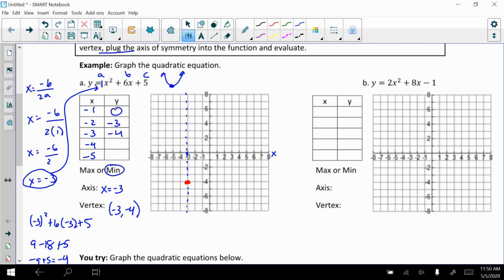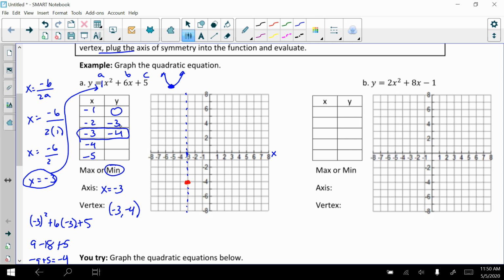Okay. So now, before you go and do these other 2 points, let's think again about a parabola. This point right here is the vertex. That's the middle point. On either side of the vertex, the parabola is exactly the same. It's symmetric. So the y-coordinates on this side of the vertex are actually going to be exactly the same on this side of the vertex. So you can take a little shortcut.